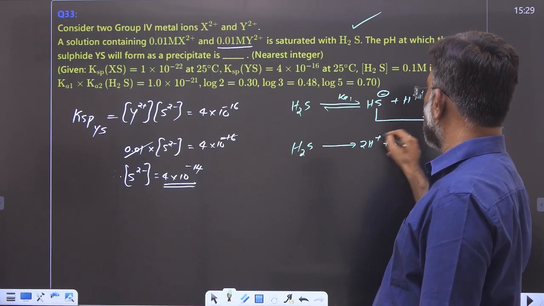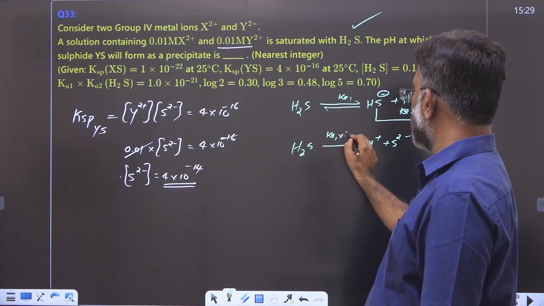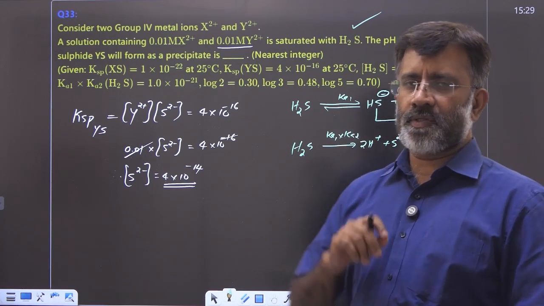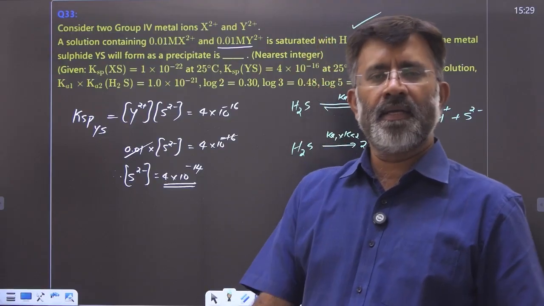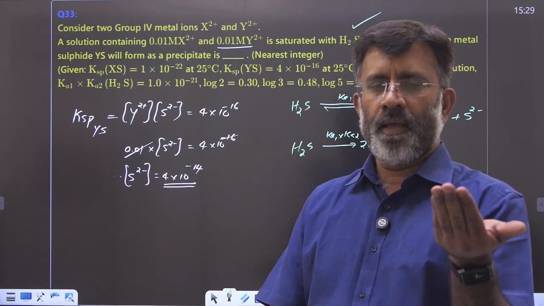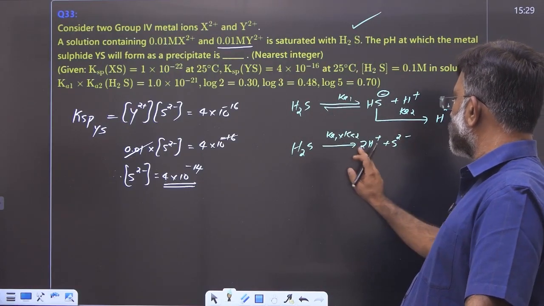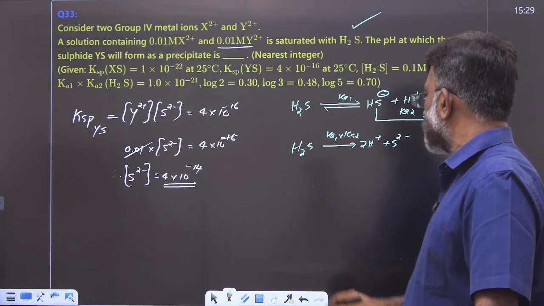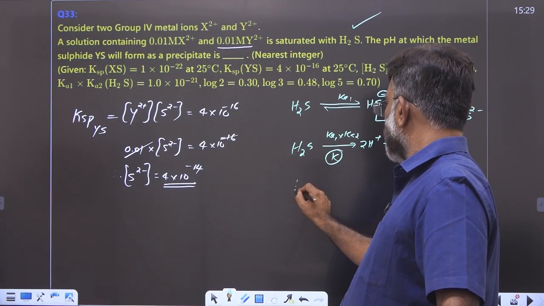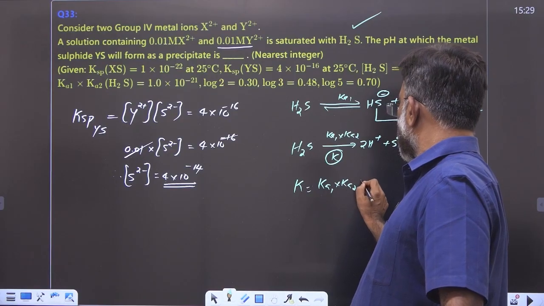This is Ka1, and this is Ka2, and overall it is Ka1 into Ka2, isn't it? First step ionization: H plus plus HS minus. Second step ionization: HS minus again dissociates into H plus plus S2 minus. So this is Ka1, this is Ka2, this is overall Ka1 into Ka2. So overall K equal to Ka1 into Ka2.